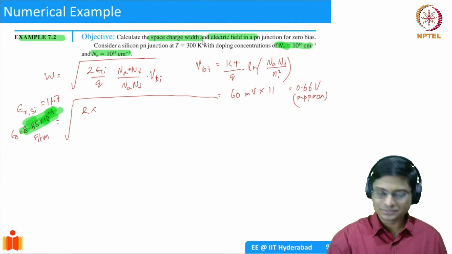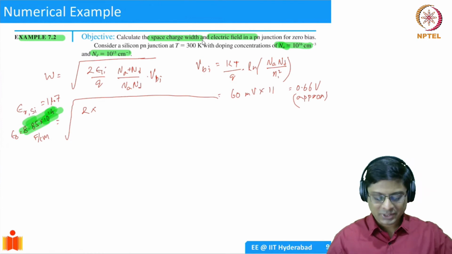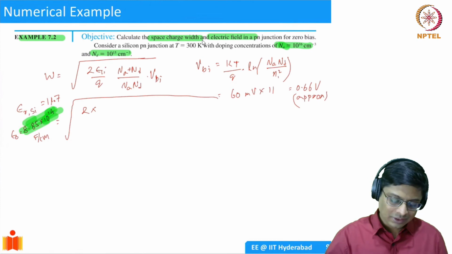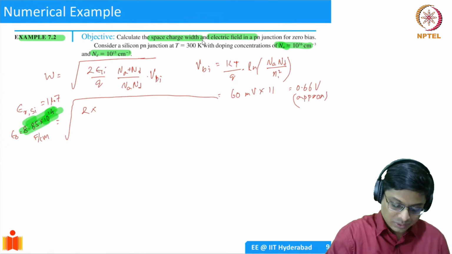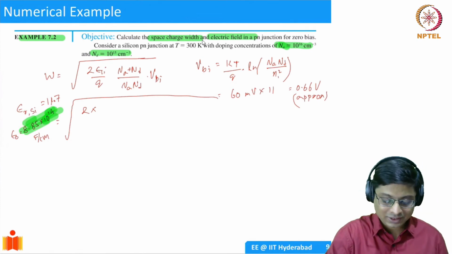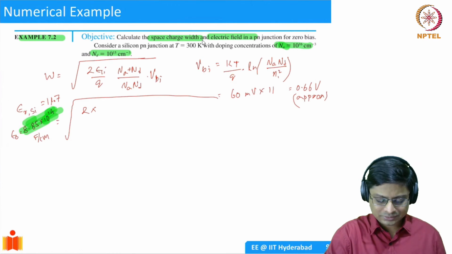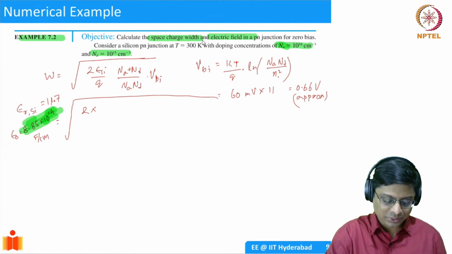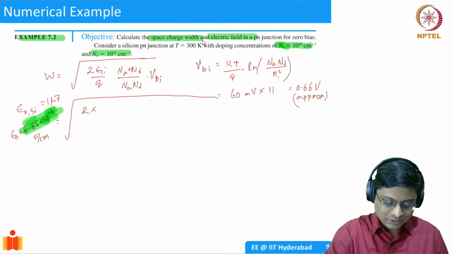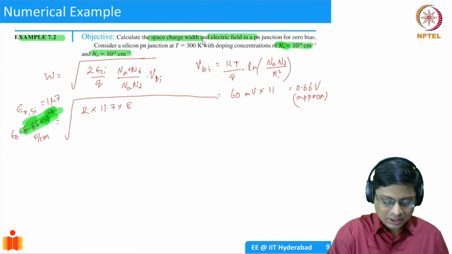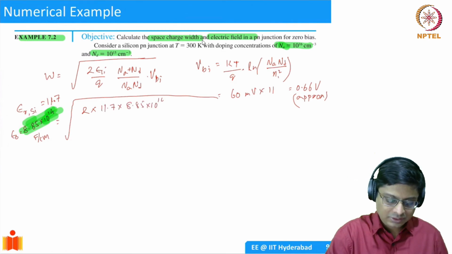In regular physics, you'll see 10 power minus 12 per meter, so per centimeter it becomes 10 power minus 14. So that's one thing you need to be careful about: whenever you're calculating these widths and electric fields, make sure that you put in the right epsilon. So 11.7 into 8.85 into 10 power minus 14 divided by the rest of it is the same anyway.